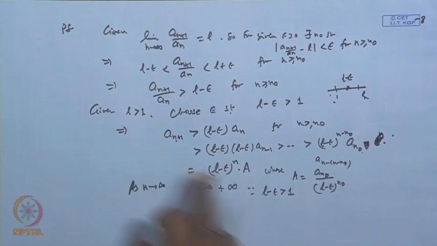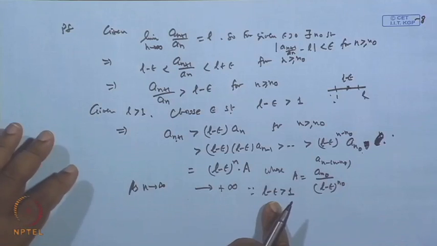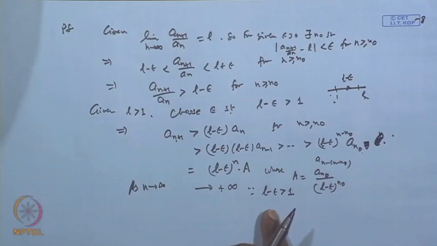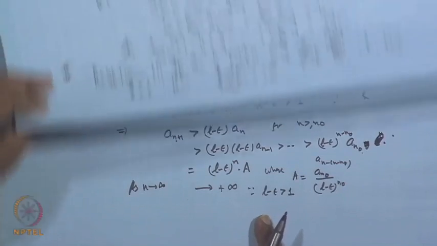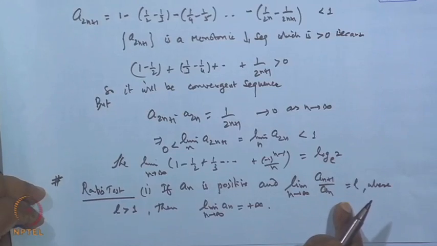So, this limit goes to increasing this. Okay. So, if L is greater than 1, this sequence will diverge.